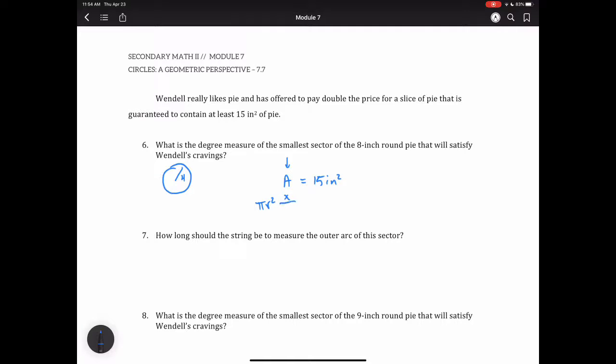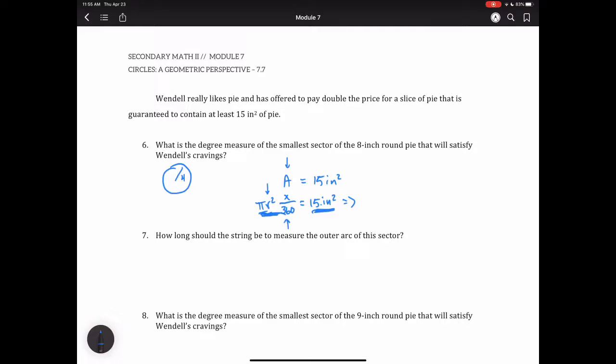But I don't know how big that central angle is. So this is how I'm going to write an equation. Okay, so I've got the area of the total circle, the area of the slice that I want, and then I'm going to figure out, okay, what's the fraction of the slice that I want? Okay, so what I'm going to do is I know what r squared is, so I'm going to plug that in. And I'm going to do some dividing, okay?